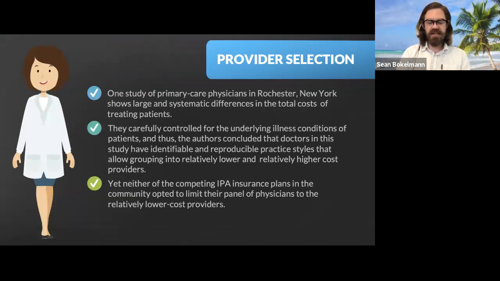Now, there are some studies that provide us with direct evidence, and one of those looked at primary care physicians in Rochester, and they showed that there were large and systematic differences in the total cost of treating patients. They were careful to control for things like underlying illness, and so they were able to conclude that the doctors in the study had identifiable and reproducible practice styles that allowed grouping into relatively lower and relatively higher cost providers.